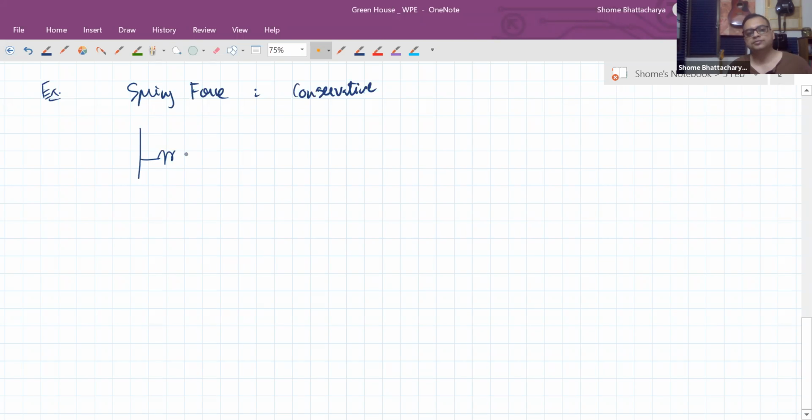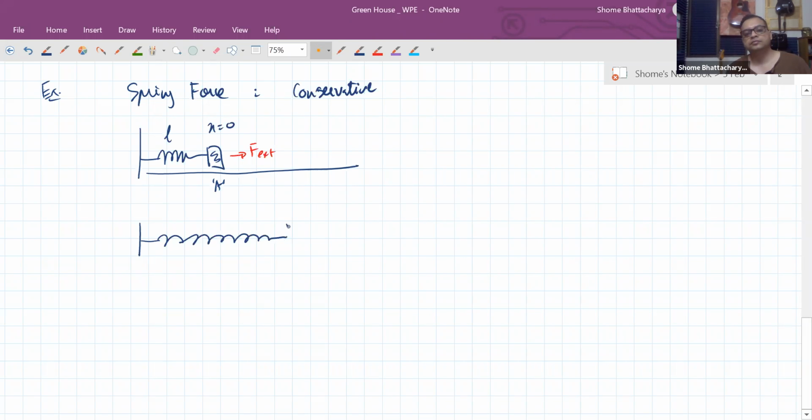So suppose we have a spring at natural length position initially. Okay. And from here, some external agent starts pulling the spring, takes it from this position A initially to this position B, let's say, where the spring has stretched to L plus X1.